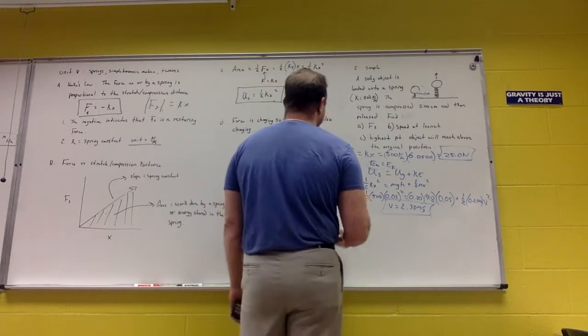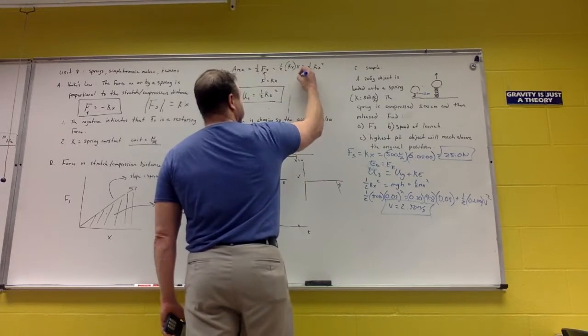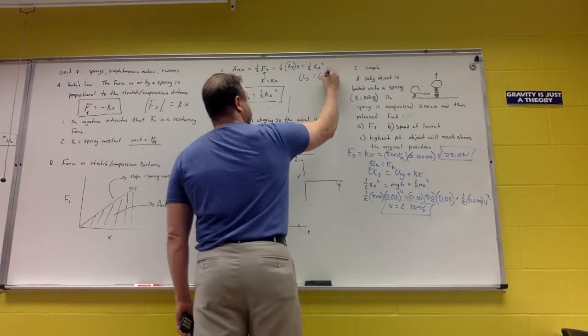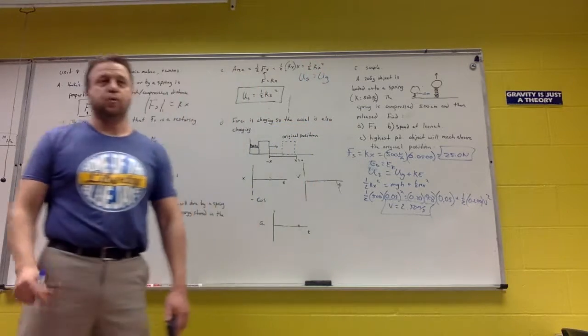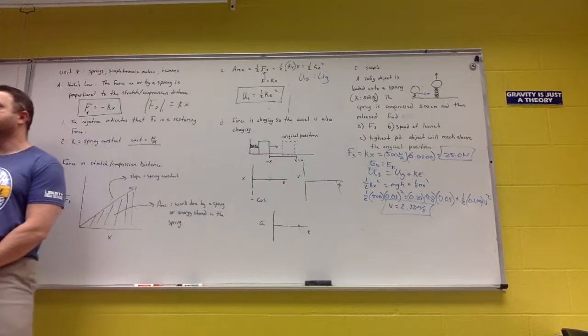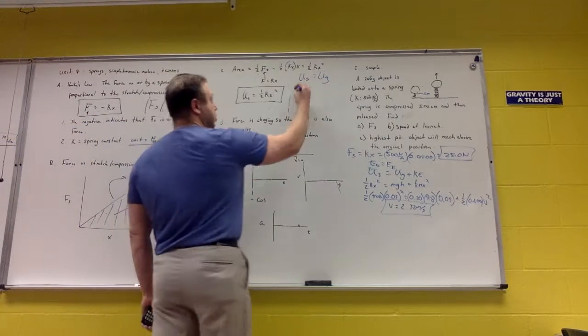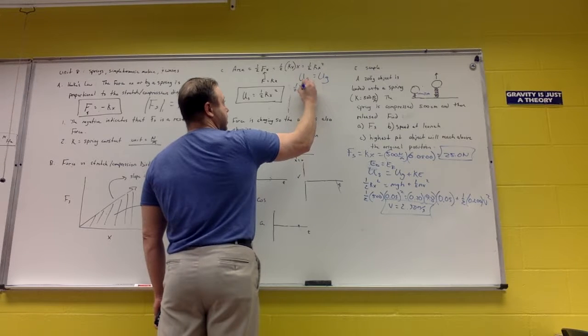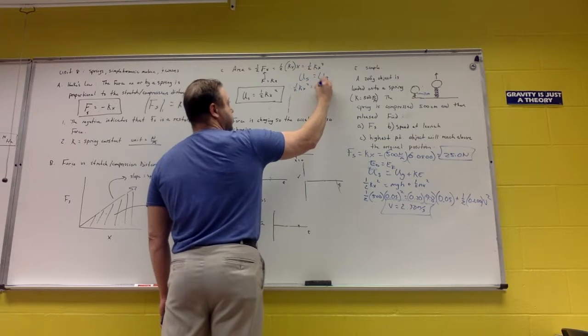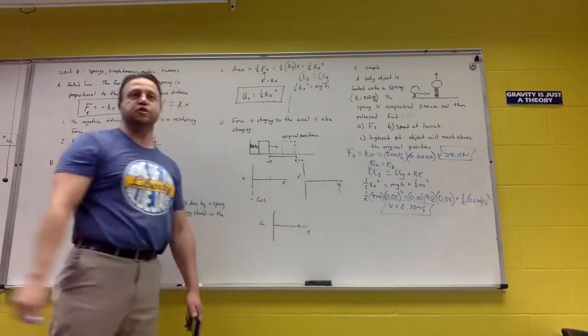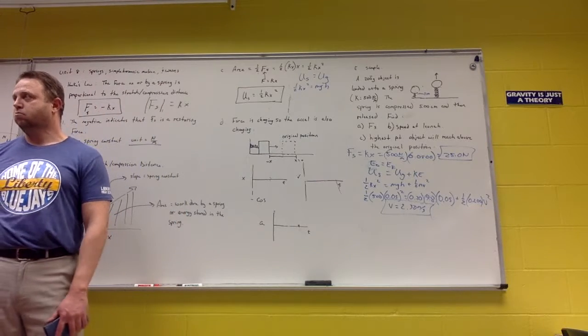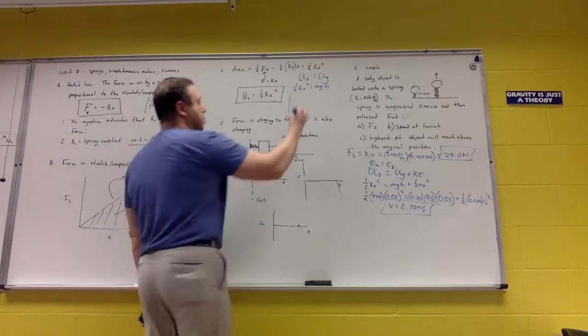So for the highest point, just set your gravity equal to your spring. One half kx squared equals mgh. Now our h is not the same as the x, and that's what we're solving for.